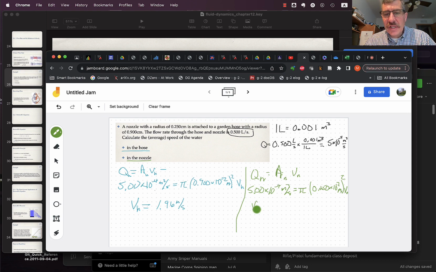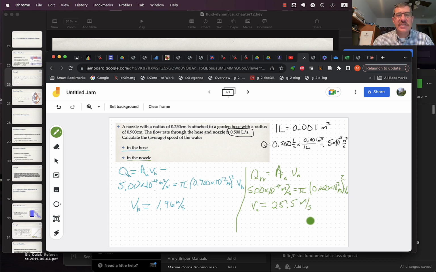Okay, hopefully you can read that. So for the speed in the nozzle, I'm going to take 5 times 10 to the negative 4, divide by pi, divide by 0.25 times 10 to the negative 2 squared. And again, 25.5 meters per second.